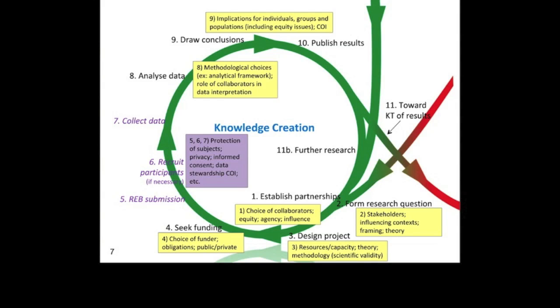Then we are going to draw our conclusions. Based on that collaboration, based on the information that we receive from the users, we are going to check the implications to groups, individuals, populations, and everybody that is involved. Note that the potential for conflict of interest is huge. And when we talk about research of any type, conflict of interest is always present.